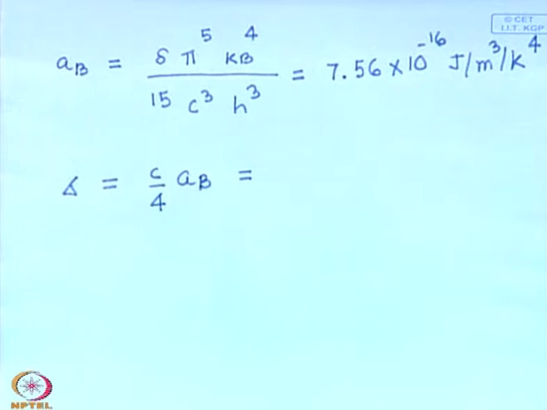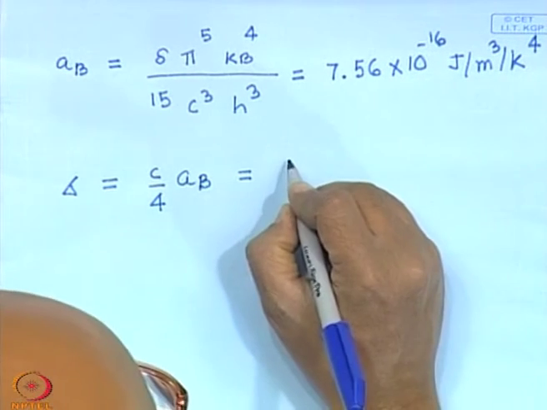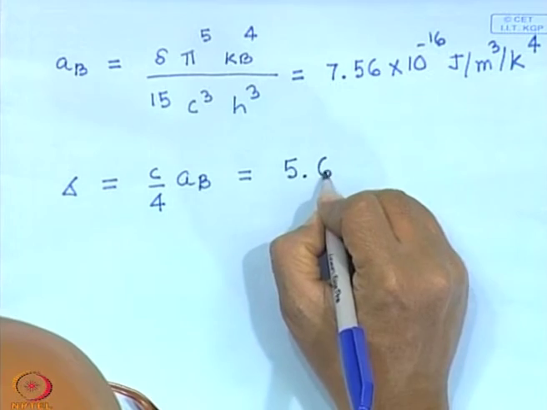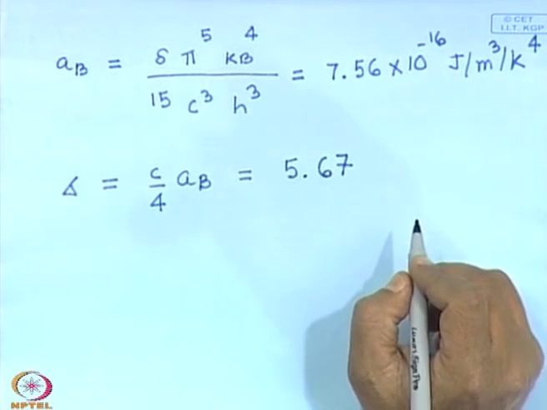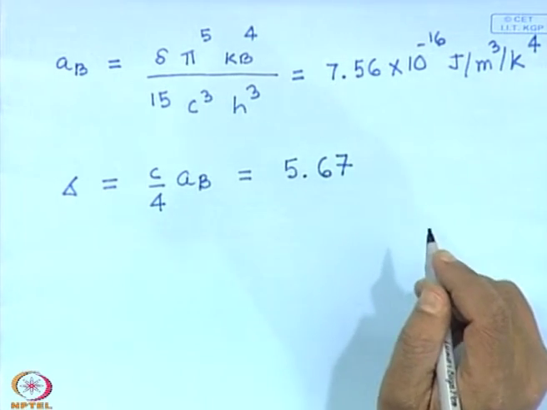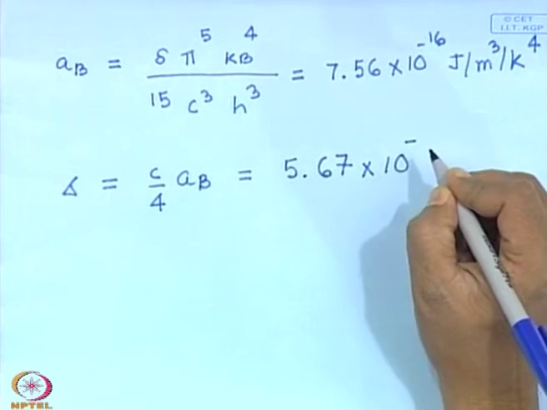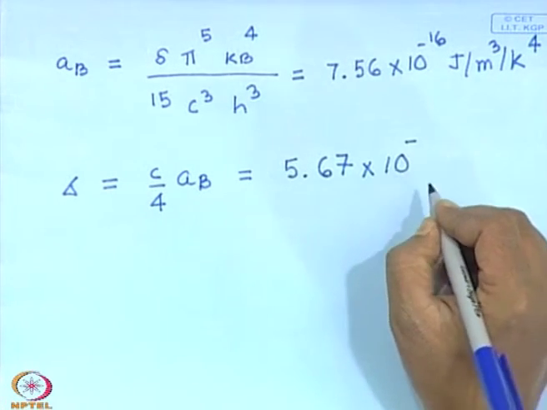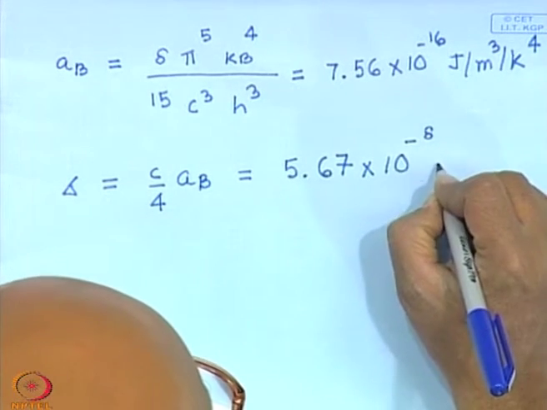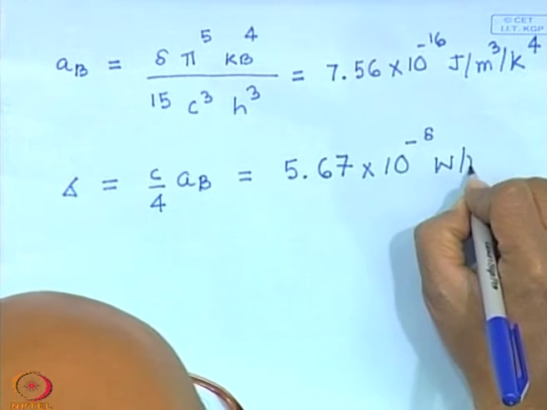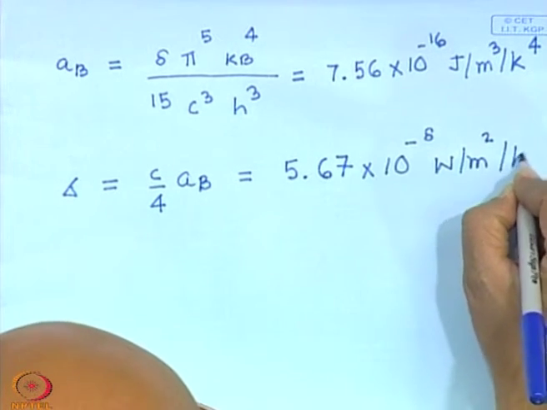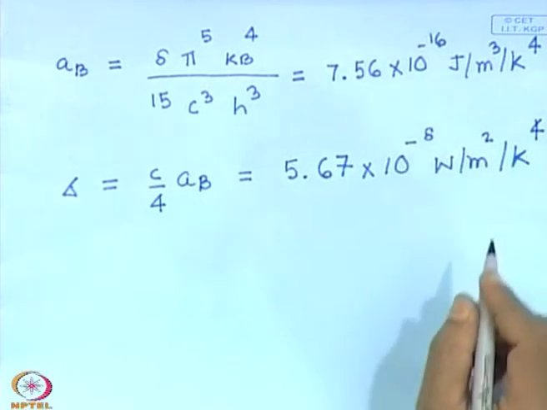Okay. And this has a value which is equal to 5.67 into 10 to the power minus 8 watts per meter square, that is the flux per Kelvin to the power 4.